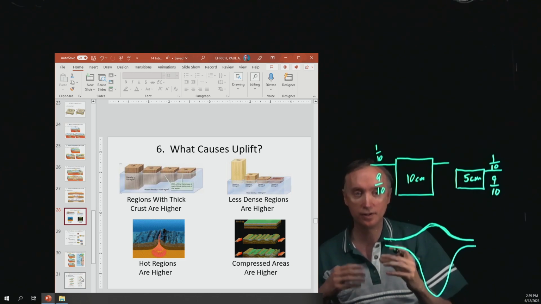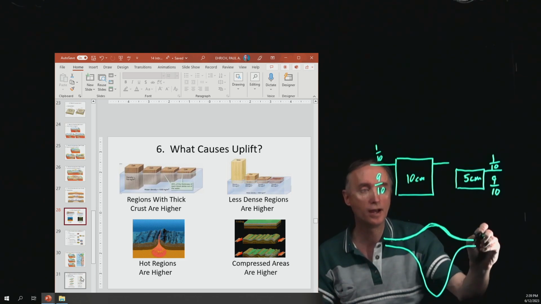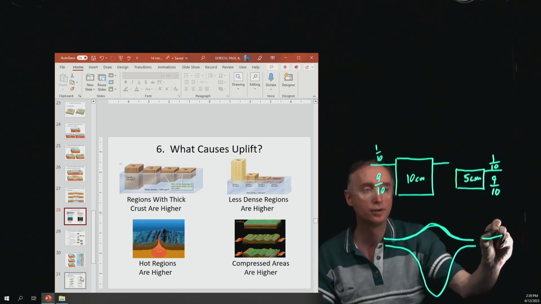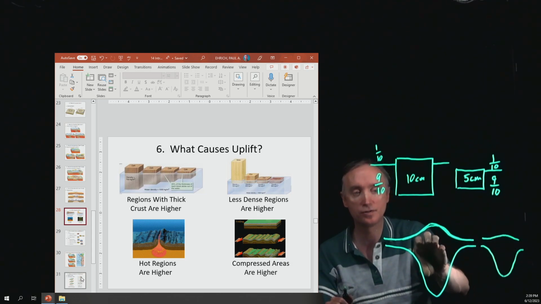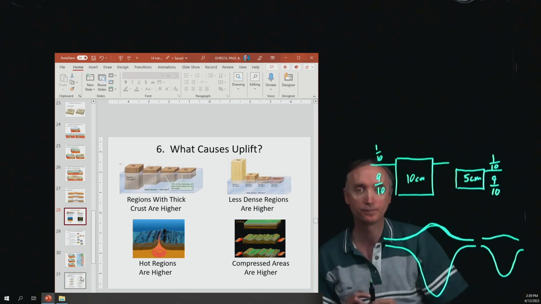As it erodes, the top part is going to get smaller, but so will the root. So the same percentage below the surface of the earth is going to be the same in both of these pictures here.